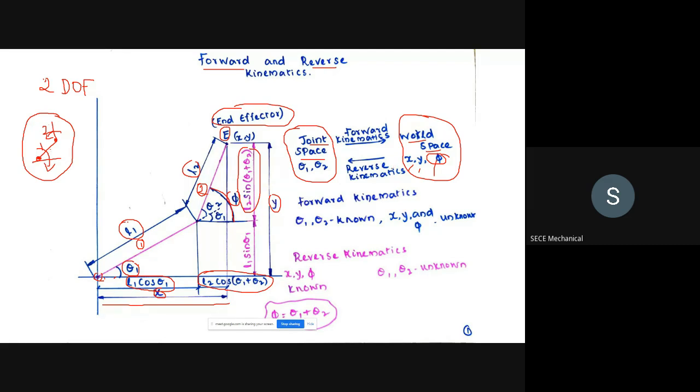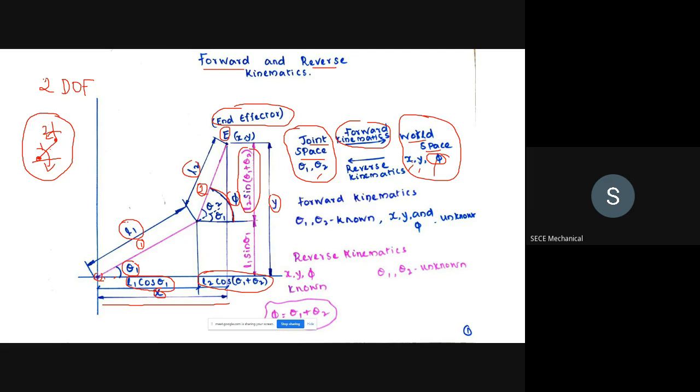Now, for example, if I give you theta 1 and theta 2, and you are supposed to find x, y, and phi, then it is called forward kinematics.